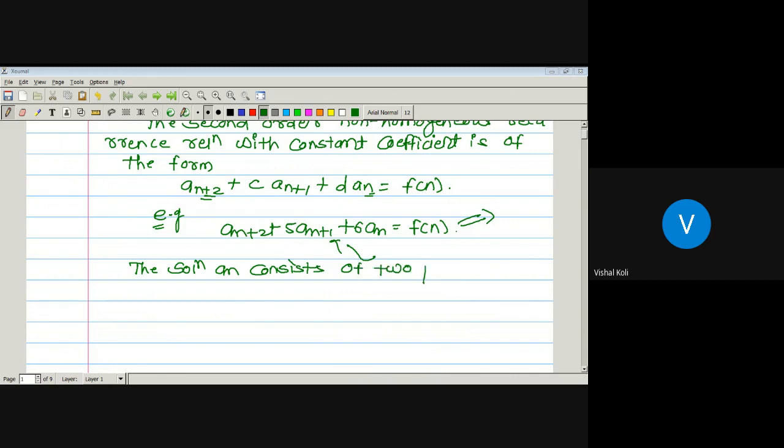First one is the homogeneous solution, which we denote as a(n) to the power h, of the given recurrence relation by keeping f of n equal to 0.